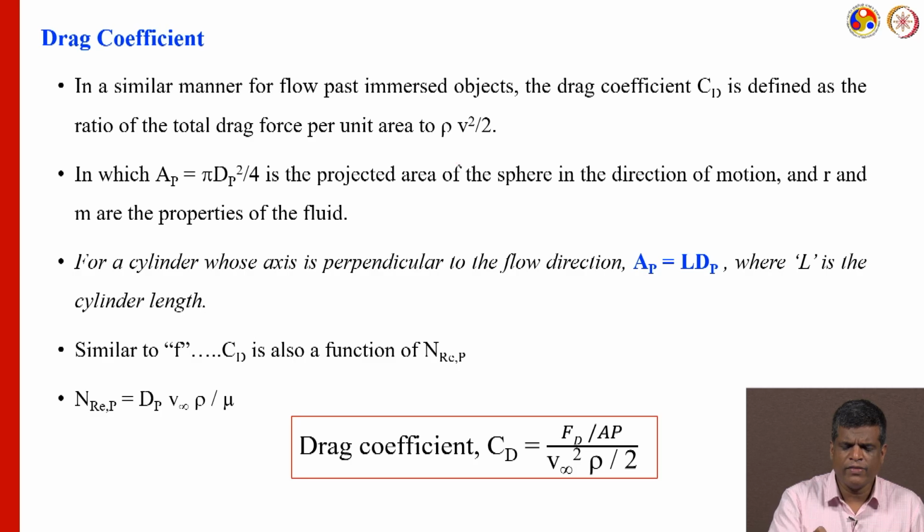Here the velocity head is rho v square by 2, and the total drag force per unit area divided by it is called the drag coefficient CD.